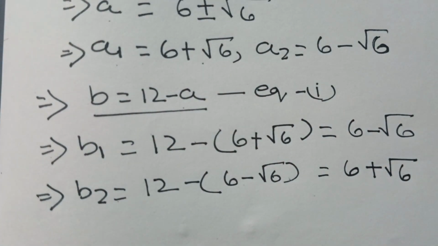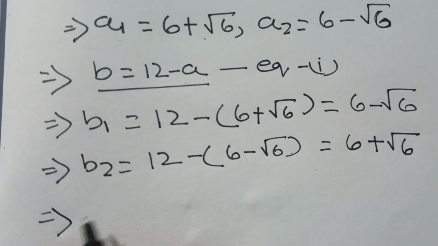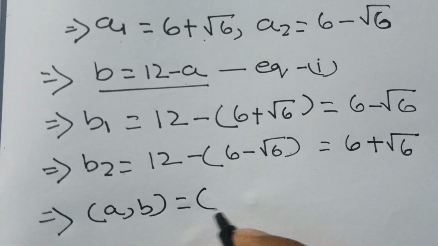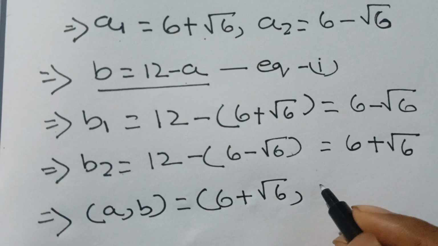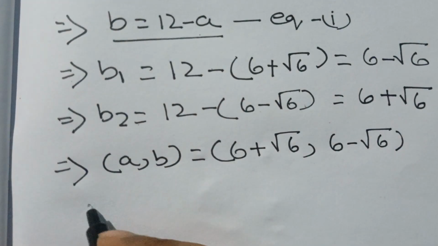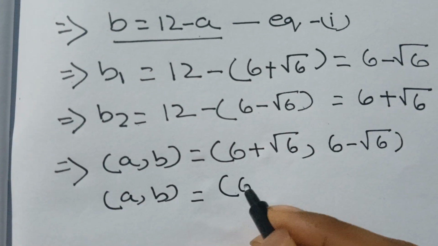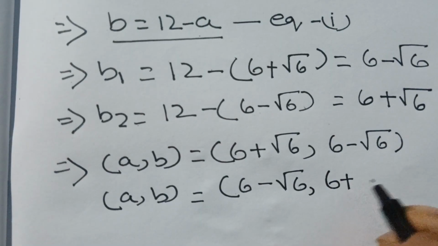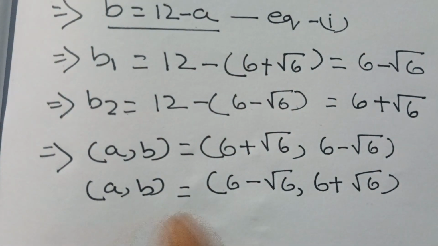As you can see, we have two pairs: a and b are 6 plus root 6 and 6 minus root 6, and the other pair is 6 minus root 6 and 6 plus root 6. Now we'll verify this on the next page.